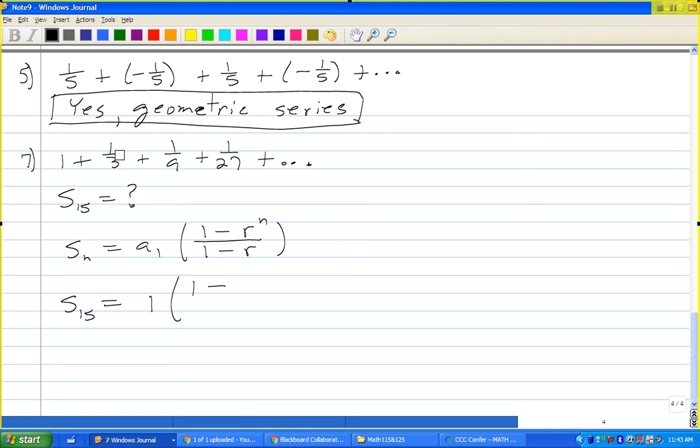And so the common ratio is 1/3. And the n is 15. And so all divided by 1 minus r, which is 1/3. Okay, let me multiply.